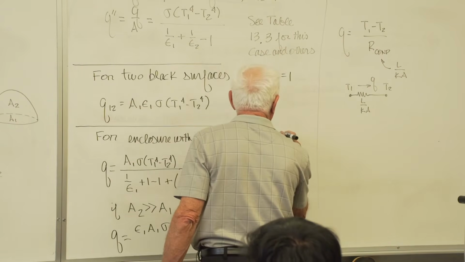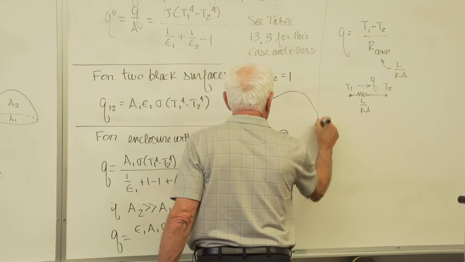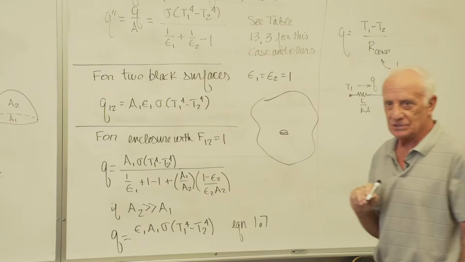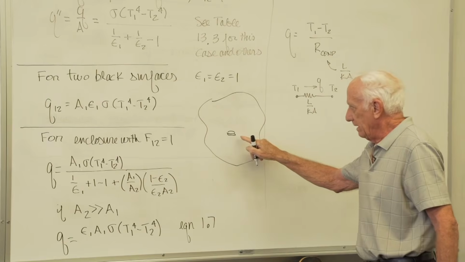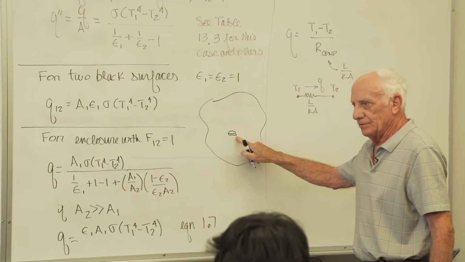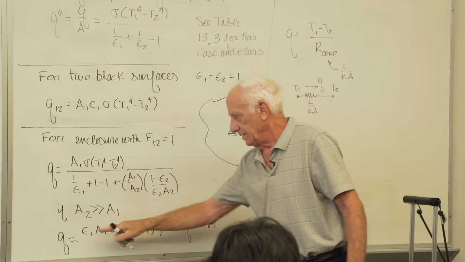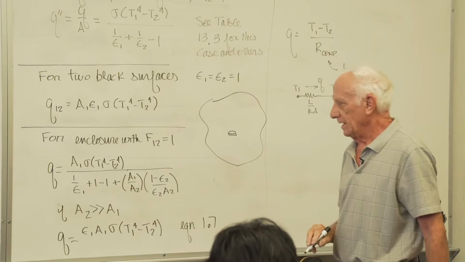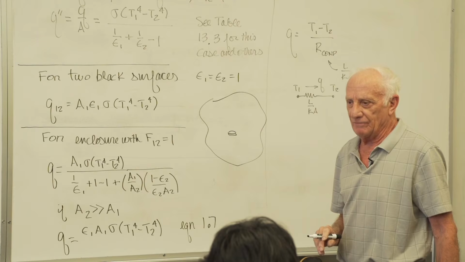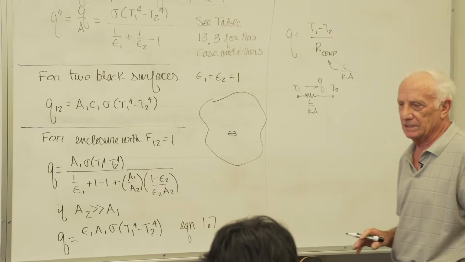Remember we had the small object in a large room? We said if that object is really small and the surroundings are really large, then use that equation. And we said, don't worry about where it came from. We'll tell you later. Well, now it's later.